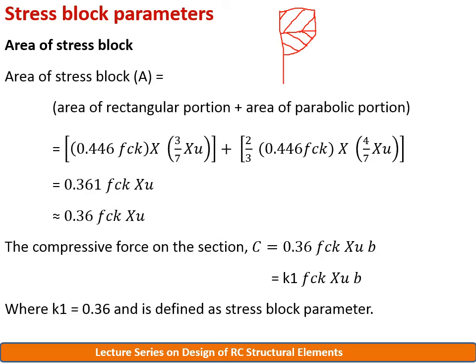In order to calculate the area under this curve, we need to divide this entire area into a rectangular portion and a parabolic portion. So let's start with the area of the stress block. The area of the stress block is equal to the area of the rectangular portion plus the area of the parabolic portion.